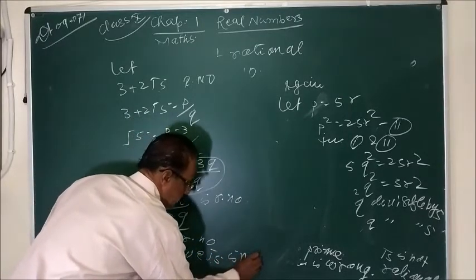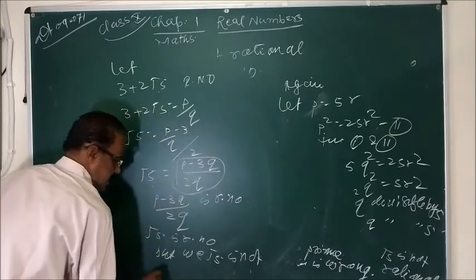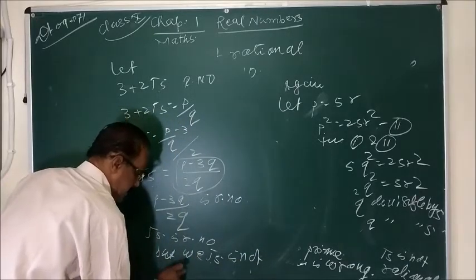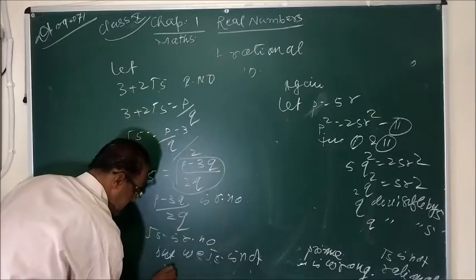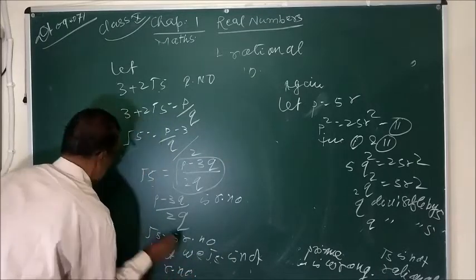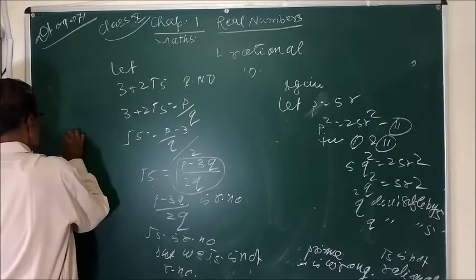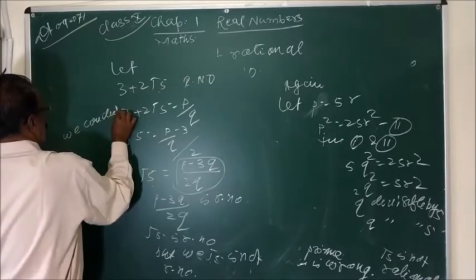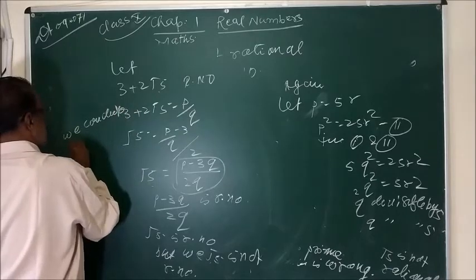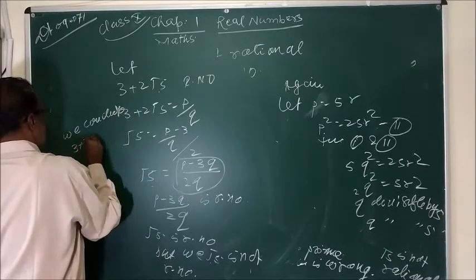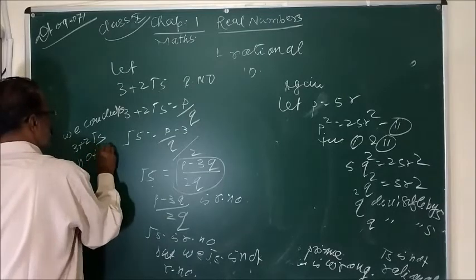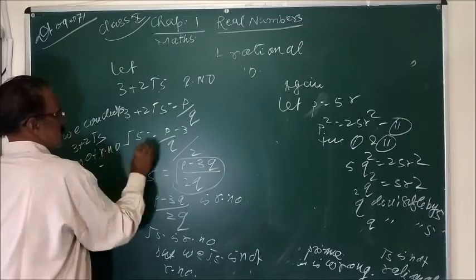Here, no need to prove root 5 is irrational; we already know that. Root 5 is not rational. Therefore you write the result. What do you conclude? We conclude that 3 plus 2 root 5 is not a rational number.